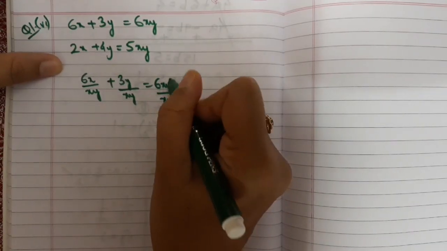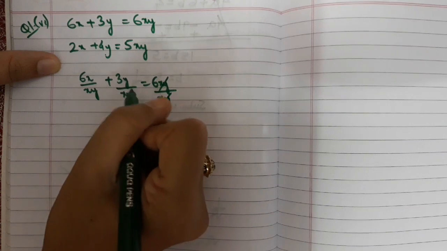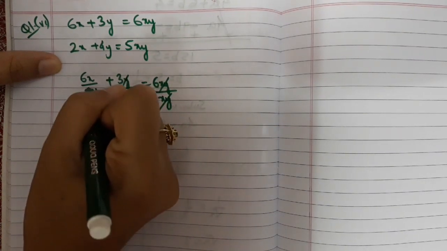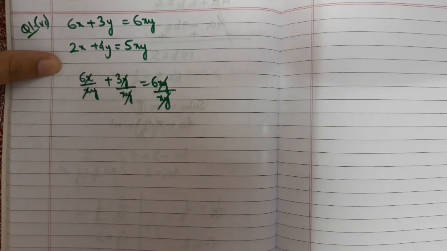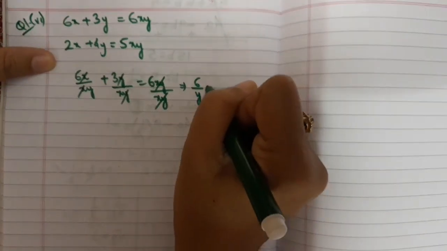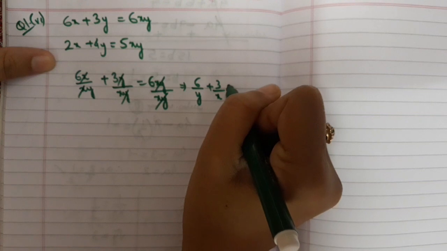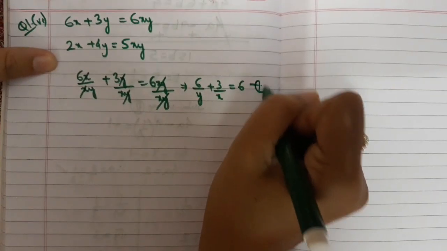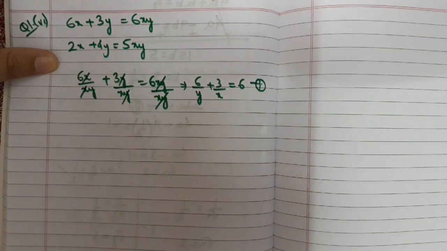So over here xy and xy get cancelled, here y and y get cancelled, here x and x get cancelled. So the equation that we obtain is 6 upon y plus 3 upon x is equal to 6. This is the first equation that we obtain.